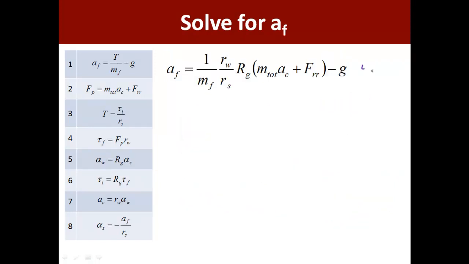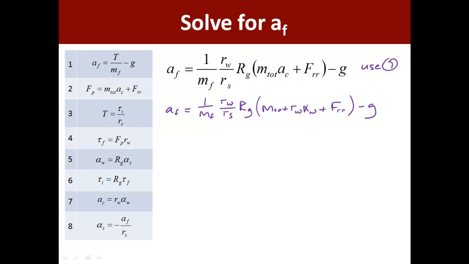Okay, here's that same equation, and again we're going to use equation 7 to plug something in for AC. So AF is equal to 1 over MF, RW over RS, capital R sub G, M total, plugging in for AC from equation 7, we're going to have RW alpha W plus FRR minus G. Now we've introduced alpha W as an unknown.